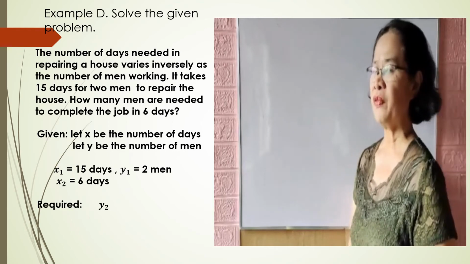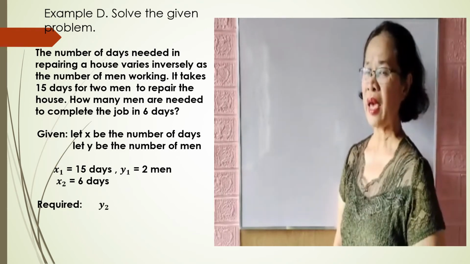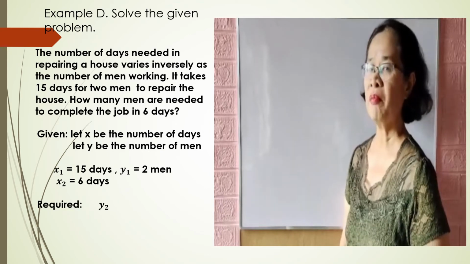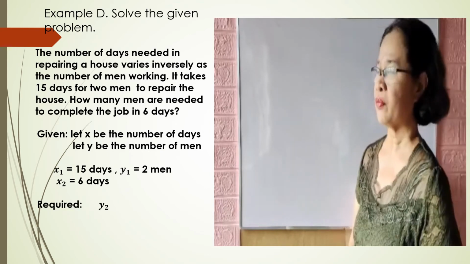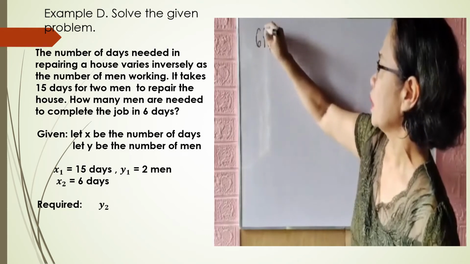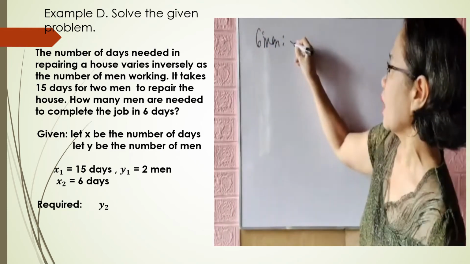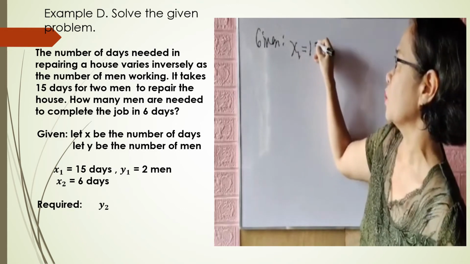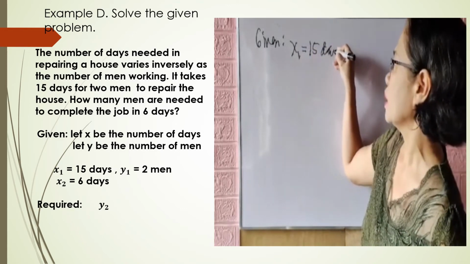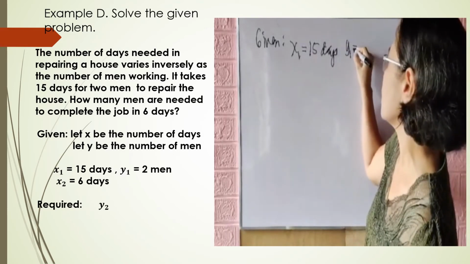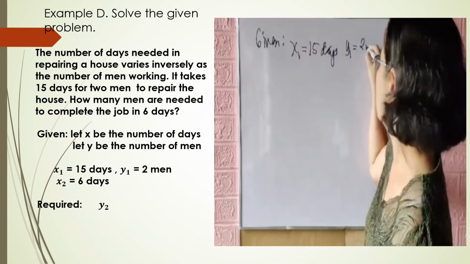So let's have the given. Let x be the number of days and let y be the number of men. So, the given are, our x sub 1 is equal to 15 days, and our y sub 1 is equal to 2 men.